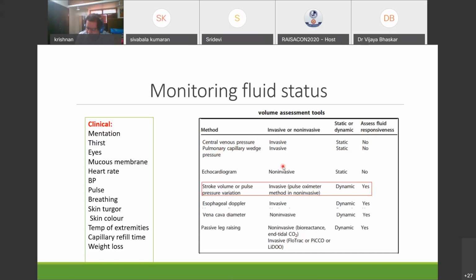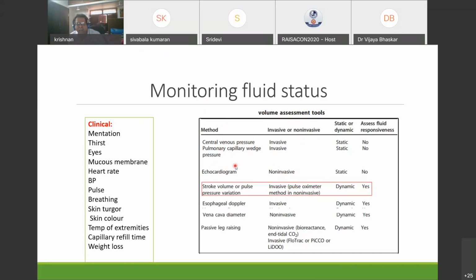Then they said we can use an echocardiogram and find out the stroke volume. Yes, it is a nice non-invasive method. But the problem is you cannot keep an echocardiogram probe on the chest and see beat to beat changes to find out the volume status. So these three things will not be of much use in finding out about the volume status.